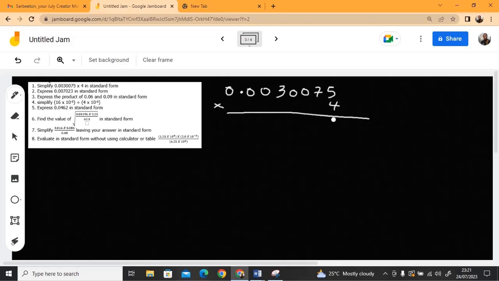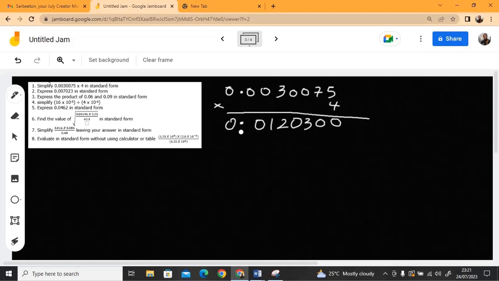Now 4 times 5 is 20, you keep 2. 4 times 7 is 28, plus 2 is 30, you keep 3. 4 times 0 is 0, you write your 3 there, right? 4 times 0 is what? Is 0. 4 times 3 is 12. You write 2, you keep 1. 4 times 0 is 0, plus that 1. 4 times 0, that is 0. Then your point, then your 0.